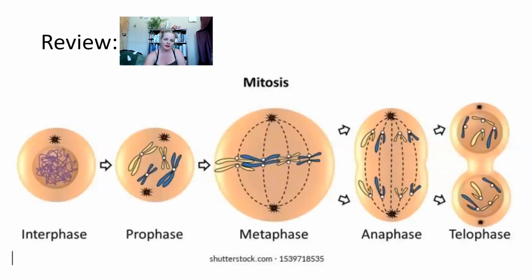Remember we had interphase, where the cell was just doing regular cell stuff and not necessarily preparing to reproduce. There are three phases of interphase: the growth 1 phase, G1; the DNA synthesis phase, S; and the growth 2 phase, G2.